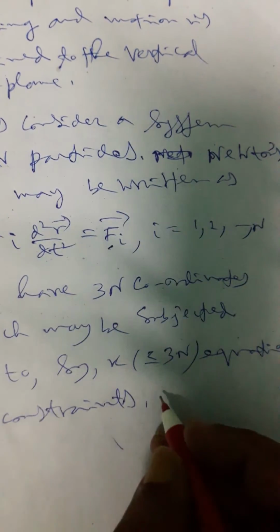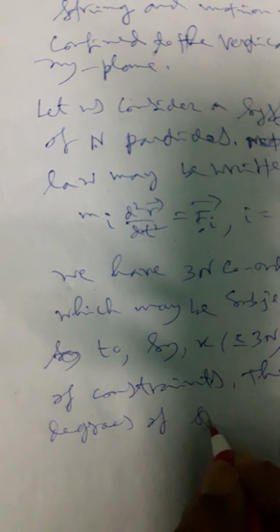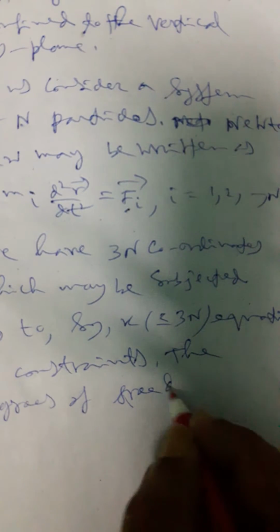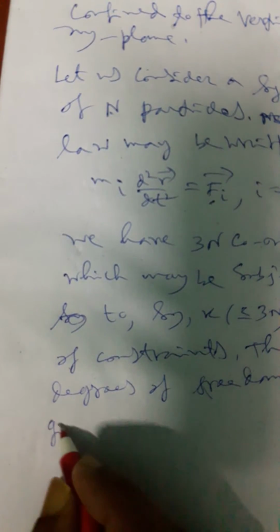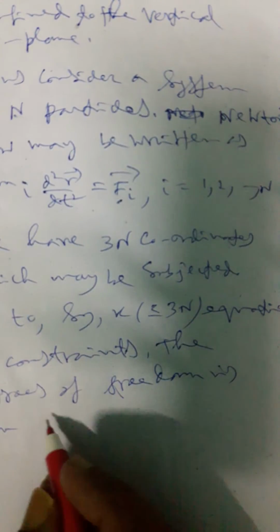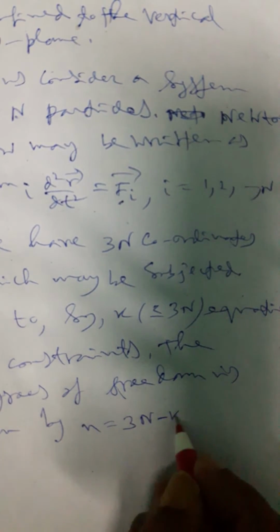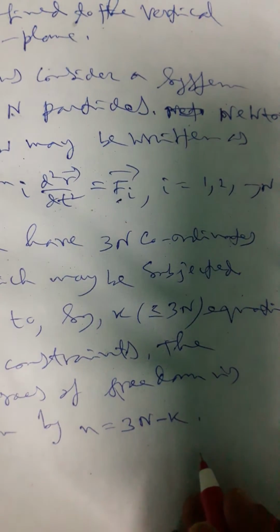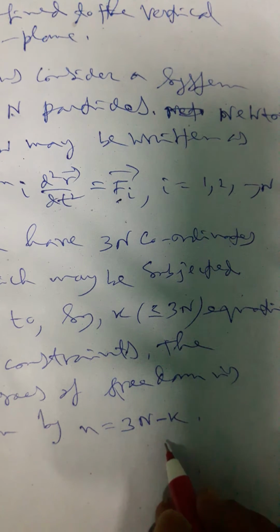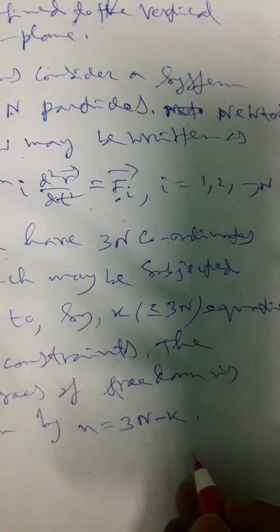The degrees of freedom is given by small n equals 3n minus k. That means the 3n coordinates minus the constraints to which they are subjected.